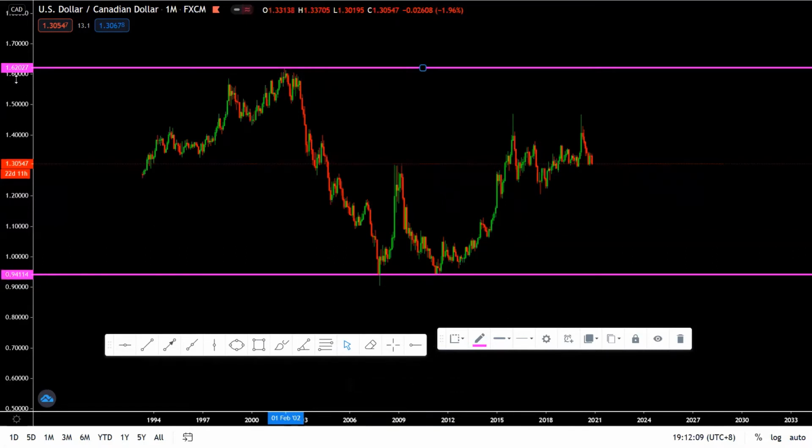And so we are dealing with this high and then this low, but currently price can be found in this region, that is 1.3054. And so that helps us to know whether we are on a downtrend or an uptrend.